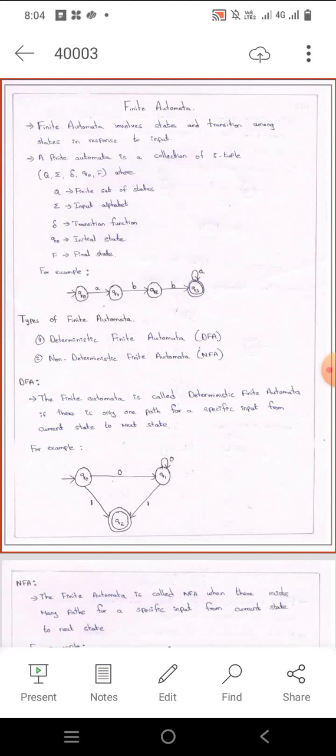That means if there is a transition of q naught comma 0, it reaches q1, there should not be any transition of the same input 0 from q naught to any other state. See, transition of q naught comma 1, it reaches q2, so there should not be any transition of q naught comma 1 to any other state. So if it comes, then we call this as a DFA.